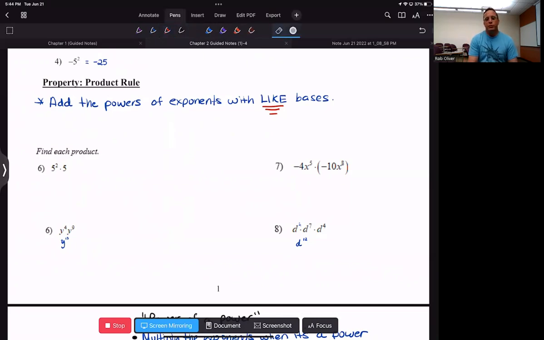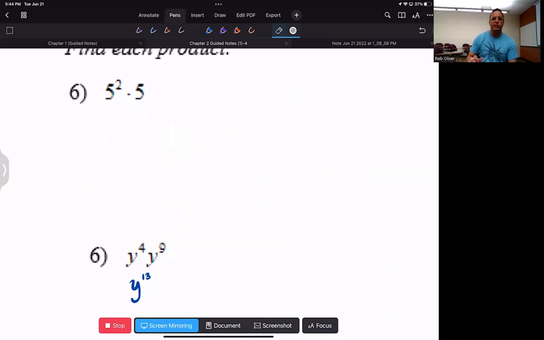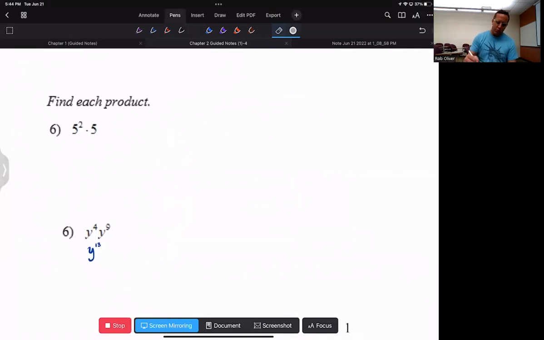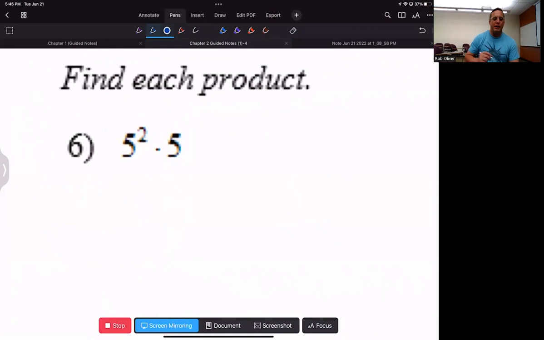Now, like I said, for this particular property, all you have to do is add the powers. That's all you got to do. Okay, so for number six, I just spoiled that for you, but whatever. We've got 5 squared and we have 5. Now, if there's no exponent, by default, you can imagine that there's a 1 there, okay?